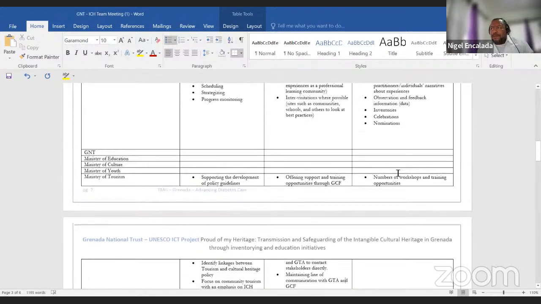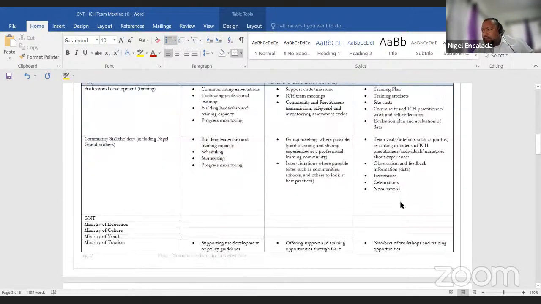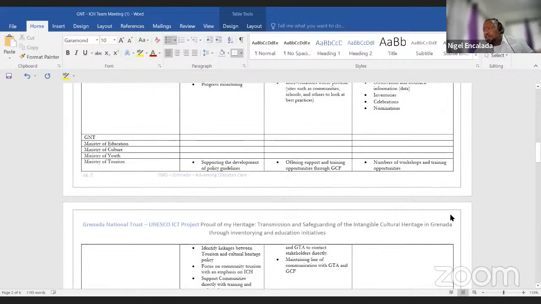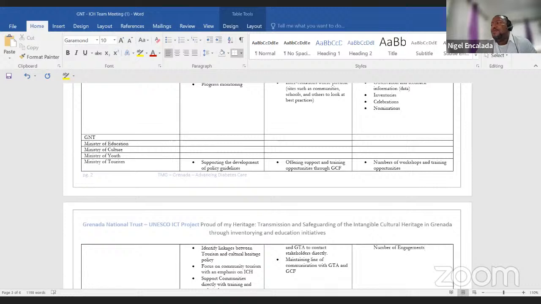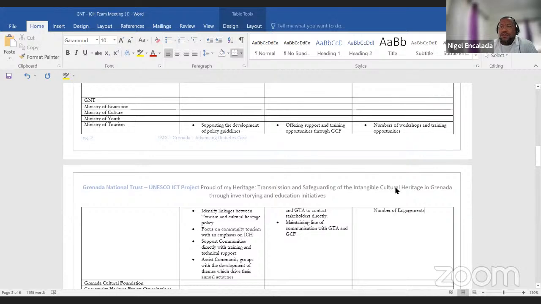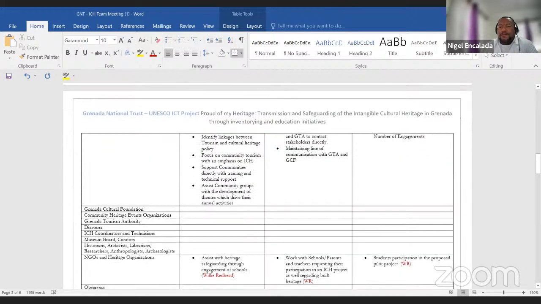And then the evidence of it would be in terms of the numbers of workshops, training opportunities, and what, engagements? Engagements, yes. All right. So what you're doing there is creating an enabling environment. You're supporting that enabling environment structure. Good. All right, thank you for that.